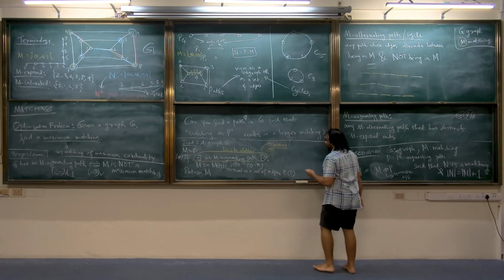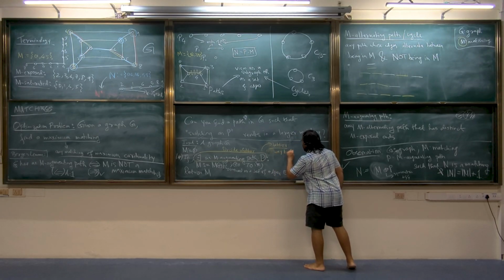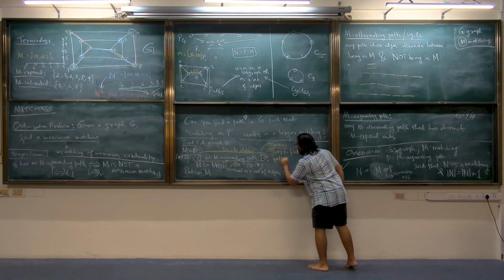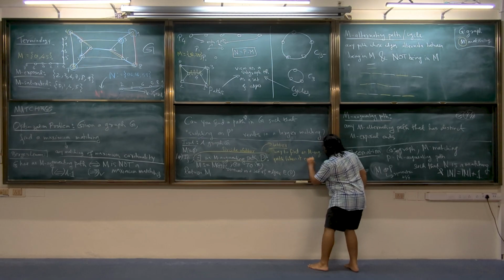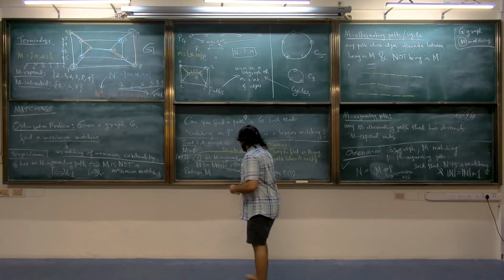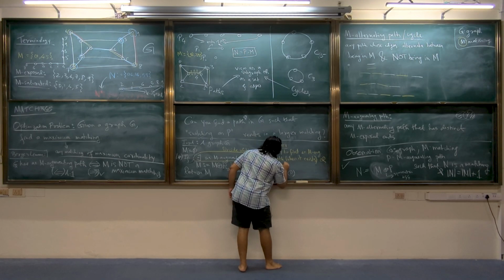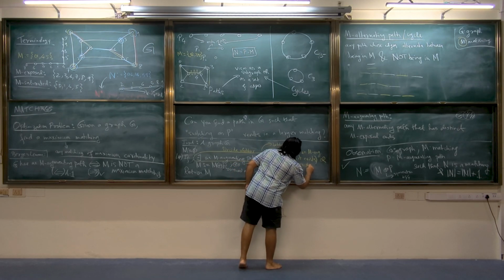Or rather, what we really need is a way to find an augmenting path when it exists, or give a certificate for its inexistence, or conclude inexistence. How do you conclude?